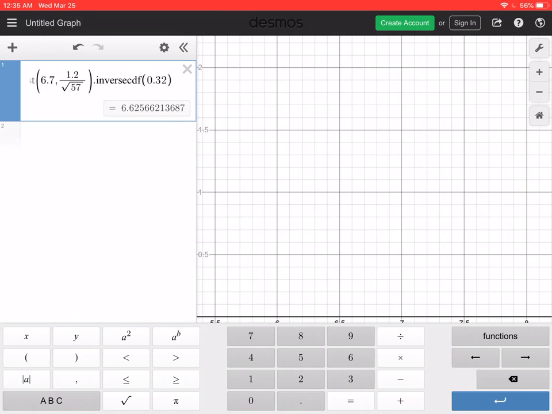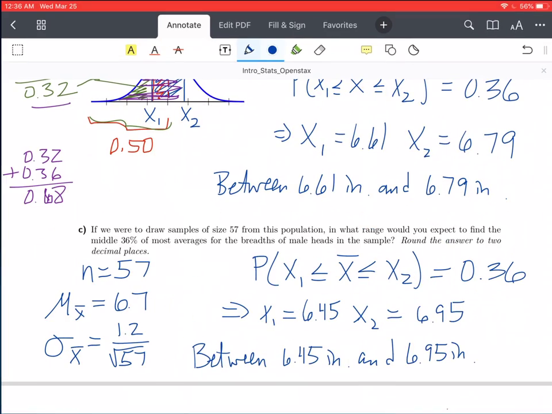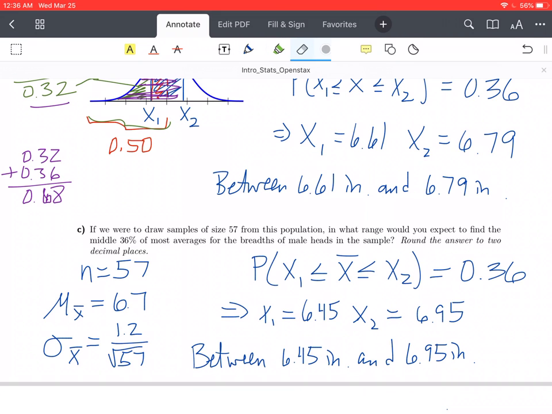Sorry about that. I had it over the square root of 5. It's supposed to be square root of 57. So that left number should be 6.63. Yeah, that's making a little more sense.